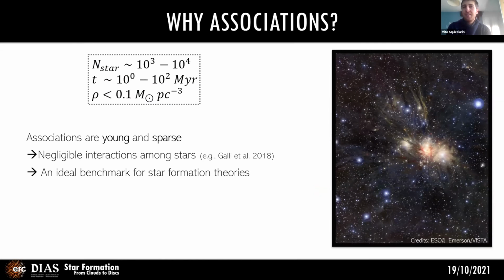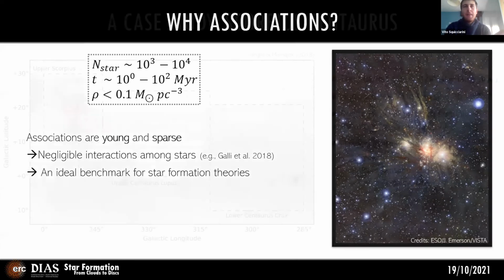And this is a very important assumption. Please keep it in mind because it will be the key for everything that I will tell you after. So associations are an ideal benchmark to study star formation from a kinematical point of view.